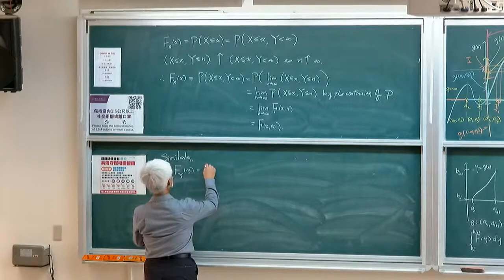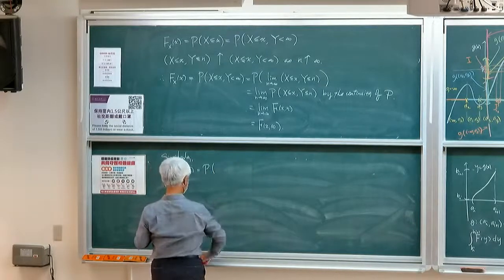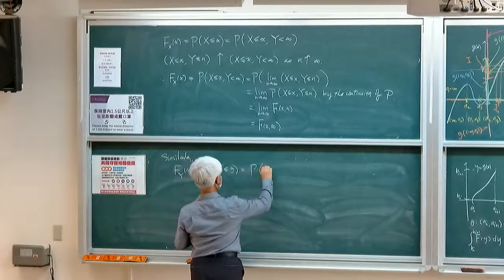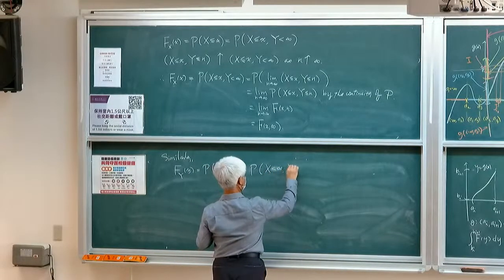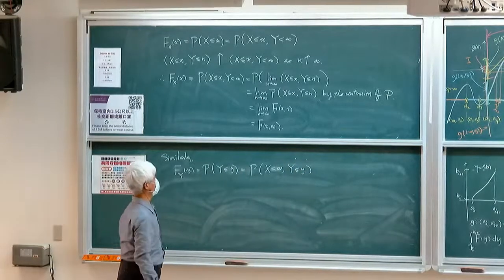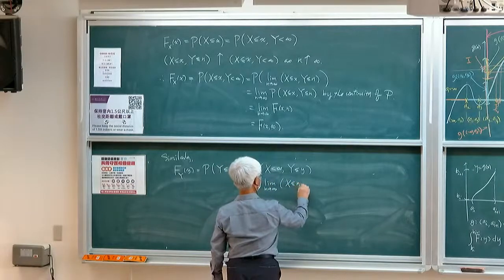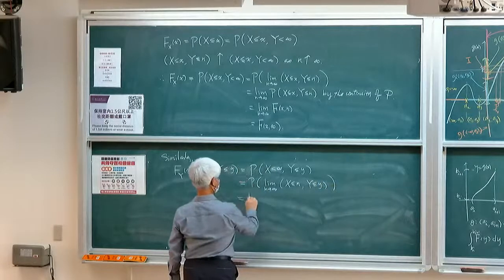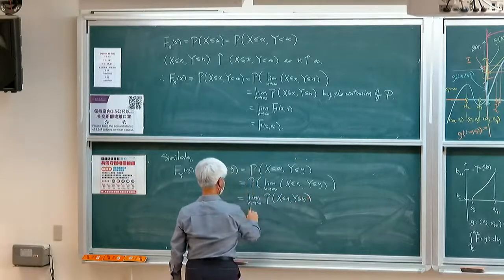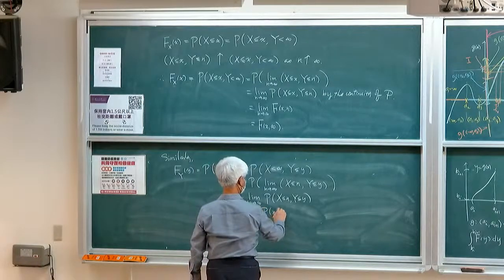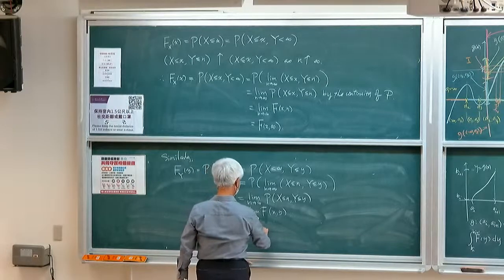So again, this is probability that x, okay, probability of the limit, and the limit, and this is F of infinity, y.